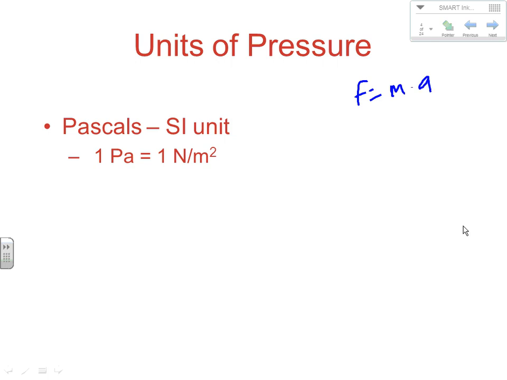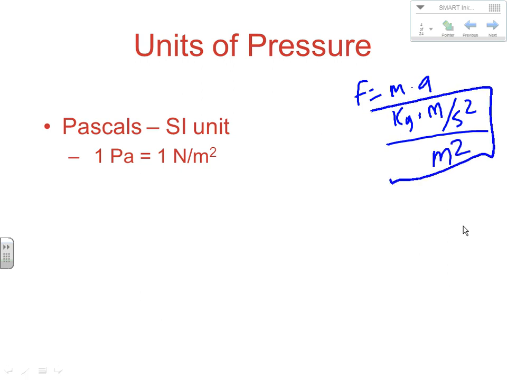So if we're talking SI units, the mass would be kilograms, and the acceleration would be meters per second squared. So that's really what a Newton is, a kilogram meter per second squared, and that's going to be over a meter squared. That's what a Pascal equals. So why do we call it a Pascal? Because a Pascal is a whole lot easier than that thing is.